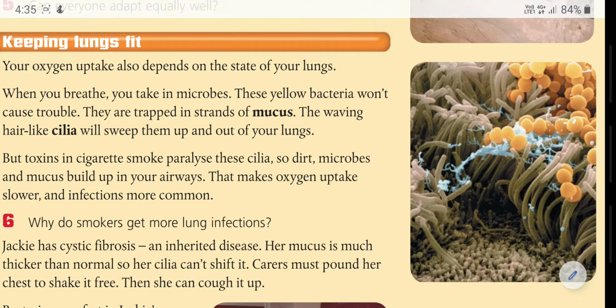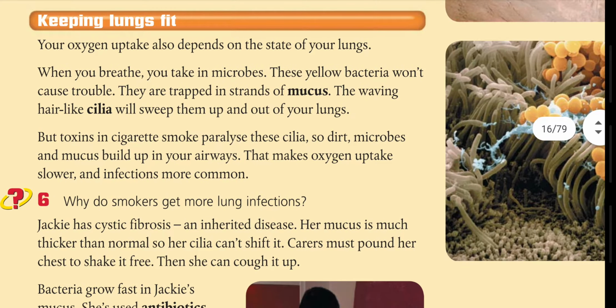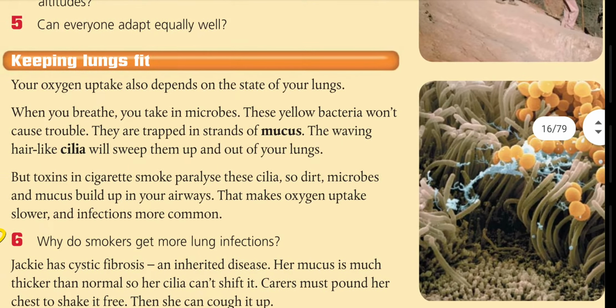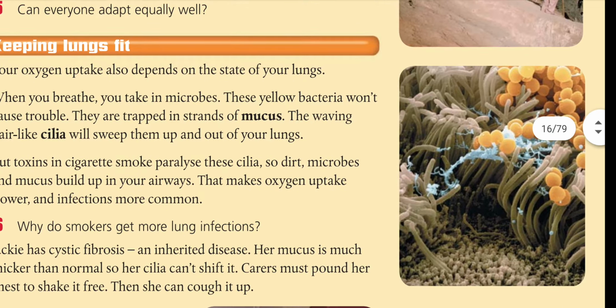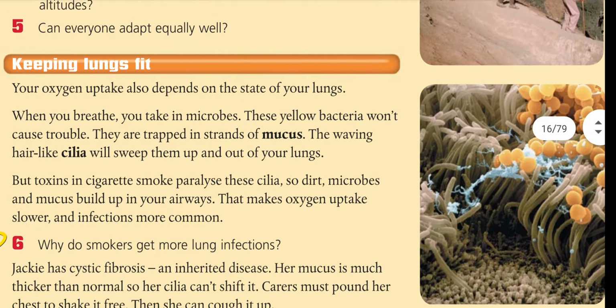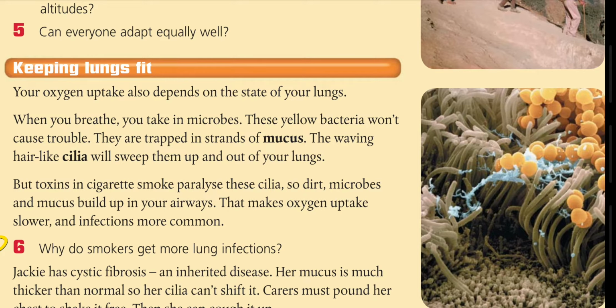The bacteria are standing inside the mucus, and the mucus is found in hair-like structures called cilia, which will sweep them up and out of your lungs. So the cilia are very important to remove bacteria with the mucus.